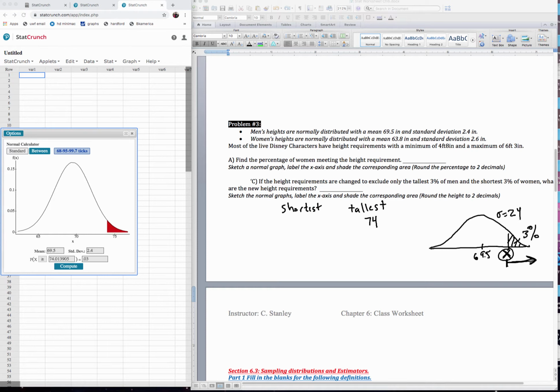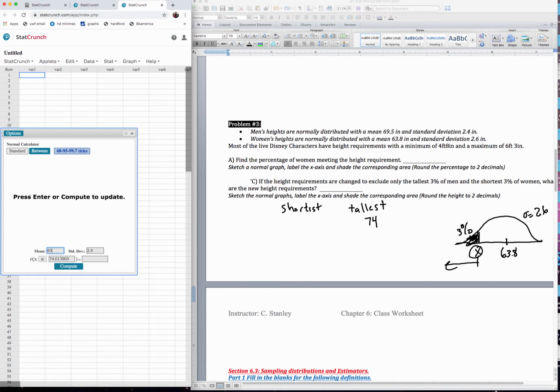Shortest 3%. So to get the shortest 3%, I have to go to the girl distribution and say, okay, if a girl is shorter than this value, this is 3%, they can't do it. So this is 63.8, and this is 2.6, and this is a less than. I need to change the mean to 63.8, and the standard deviation needs to be 2.6.